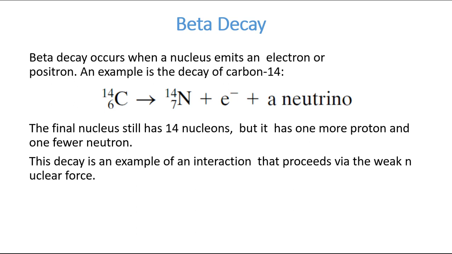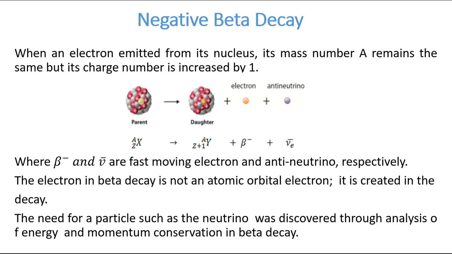So in this beta decay, we have a conversion of the nucleons. The excess nucleon is converted. This decay is an example of an interaction that proceeds via the weak nuclear force.